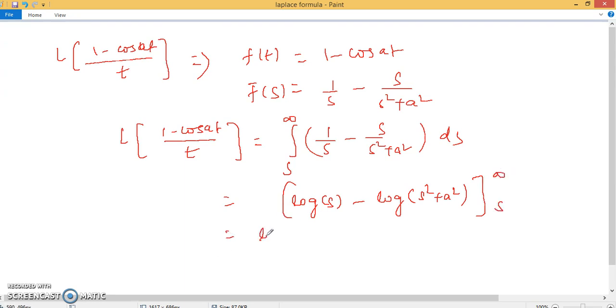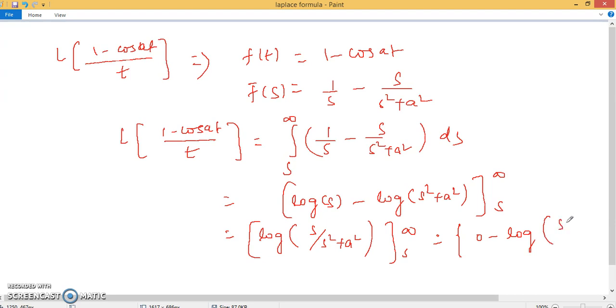If you put infinity, it comes to 0, and then minus log of s by s square plus a square.